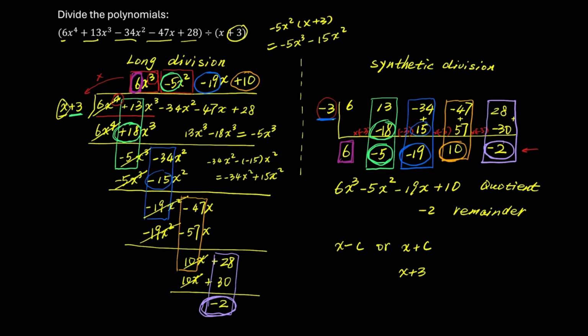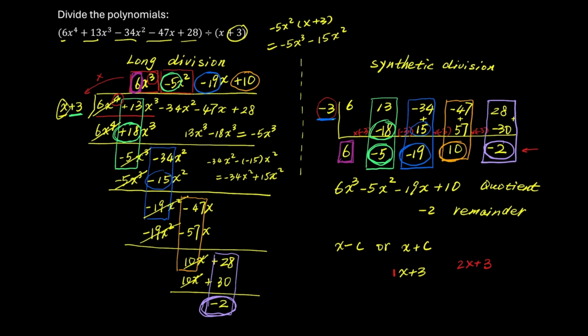If the leading coefficient of this binomial divisor is not 1, so here we have a coefficient of 1, right? But if it's not 1, there are some additional steps required. We'll be covering those more complex cases of synthetic division in our next video. We will cover something like dividing by 2x plus 3. Okay, how do we handle this?